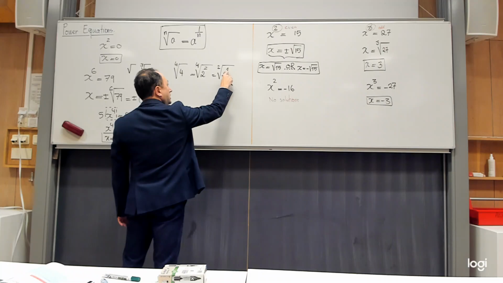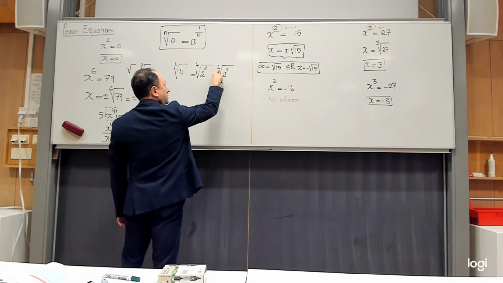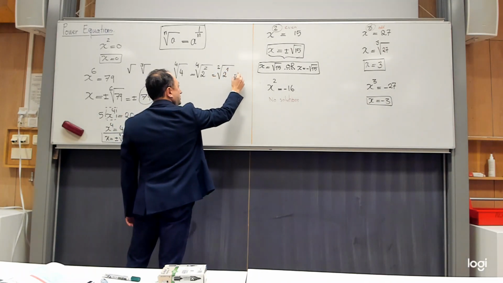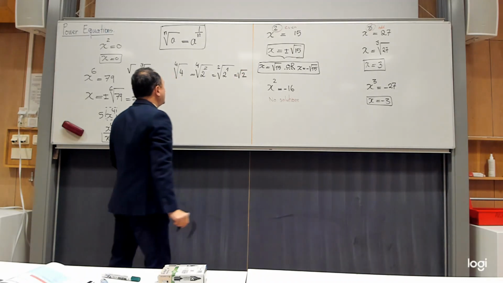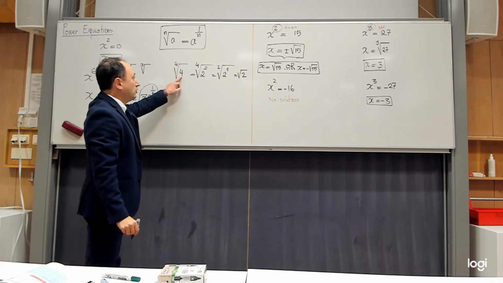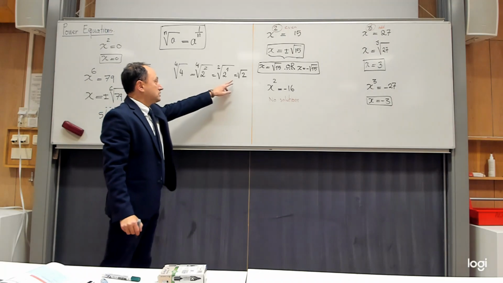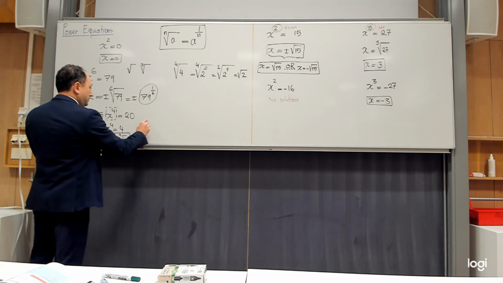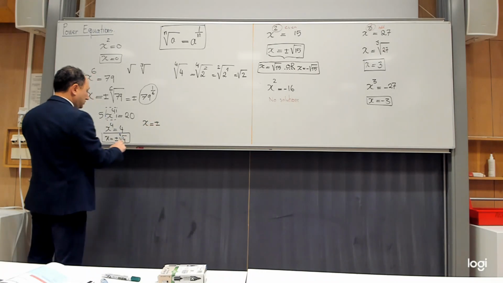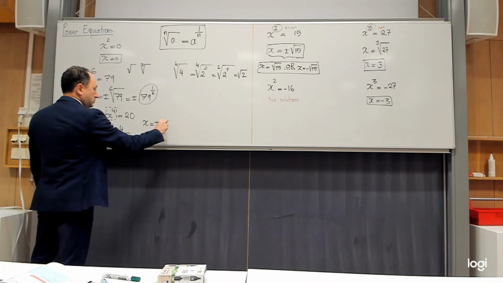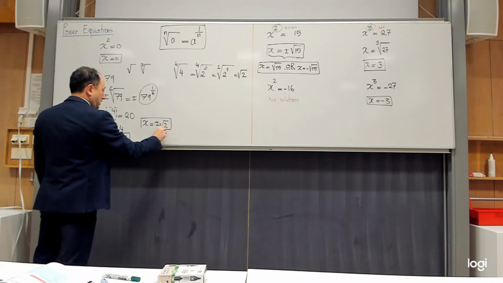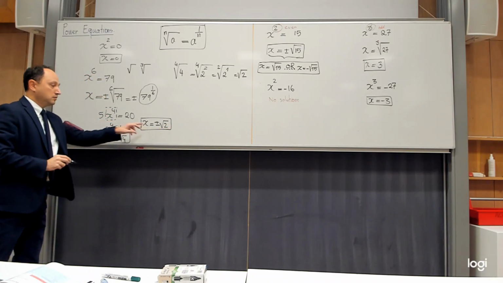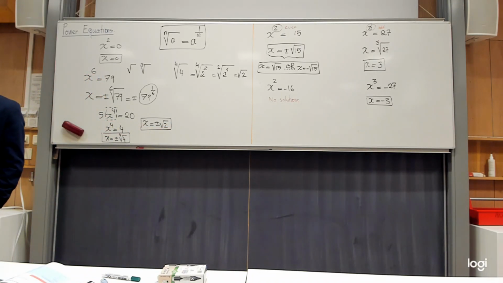But no one writes 1 as a power. No one writes 2 as the square. So we just simply write square root of 2. So the fourth root of 4 has a better name for us, and that is the square root of 2. So if you haven't forgotten that, I would prefer you to write plus or minus square root of 2. So if I want to solve that equation, my answers are plus and minus square root of 2.